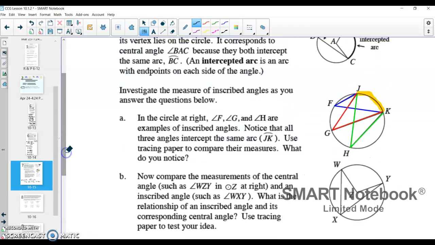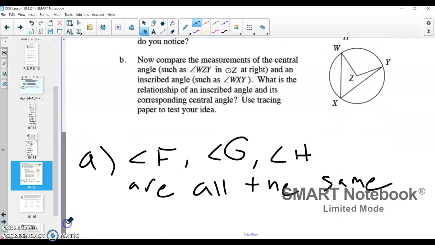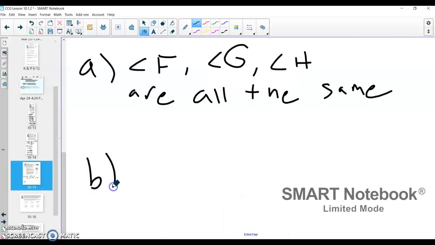And really what's happening there is that because these are all inscribed angles and they're all creating the same arc here, that must mean that they're all congruent, because otherwise they would create a different arc. They would create a bigger arc if it was bigger, or they'd create a smaller arc if it was smaller. So since it's creating this arc JK, these inscribed angles must all be the same or congruent.